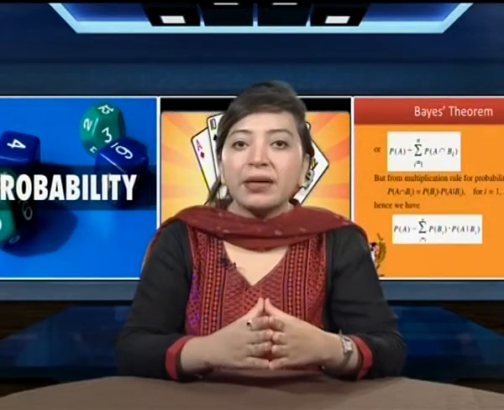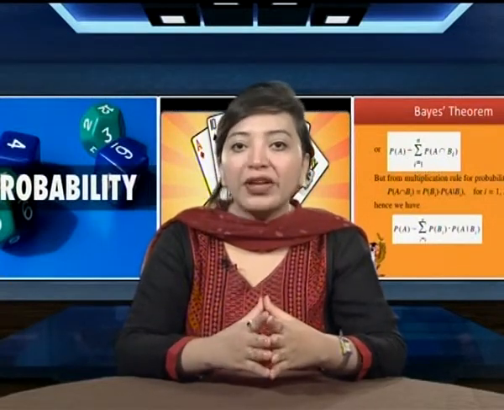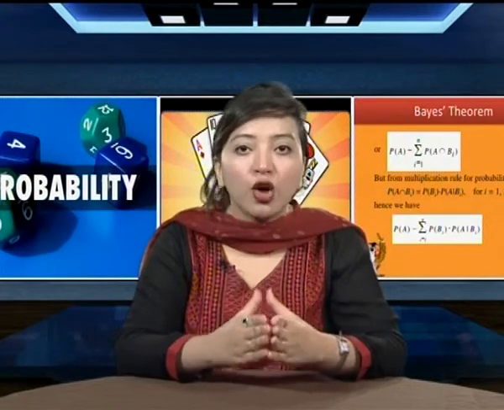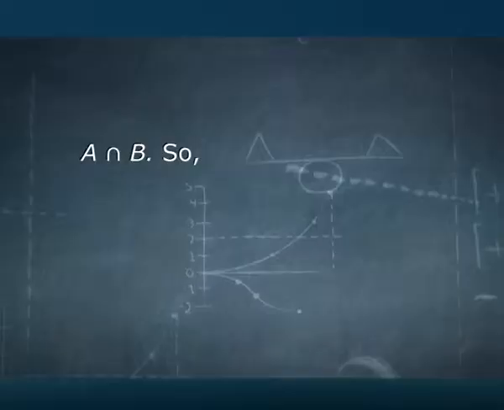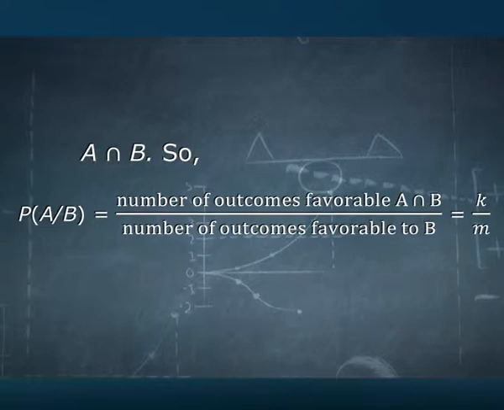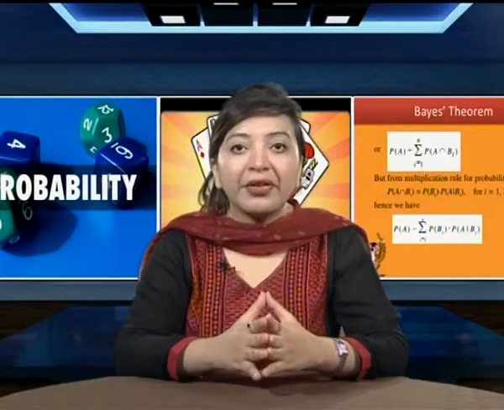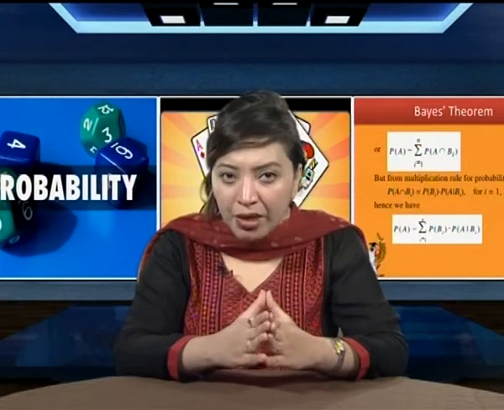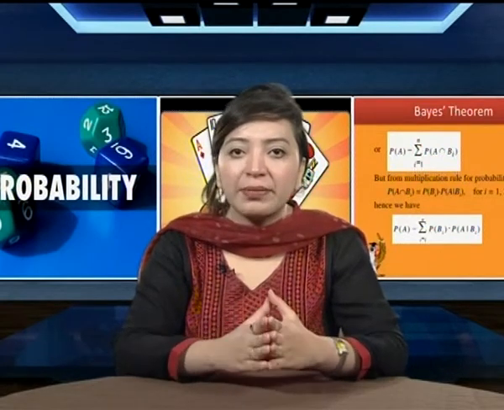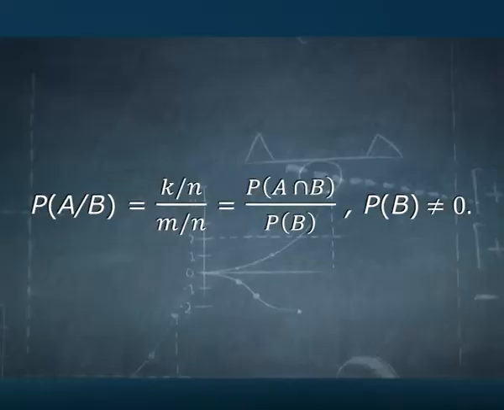With respect to the new sample space B, the number of elements favorable to A consists of a count of those elements in A intersection B. So, probability of A given B is equal to number of outcomes favorable to A intersection B divided by number of outcomes favorable to B, which is equal to k by m. Divide numerator and denominator by n, the total number of elements in the original sample space, and we obtain probability of A given B is equal to k by n divided by m by n.